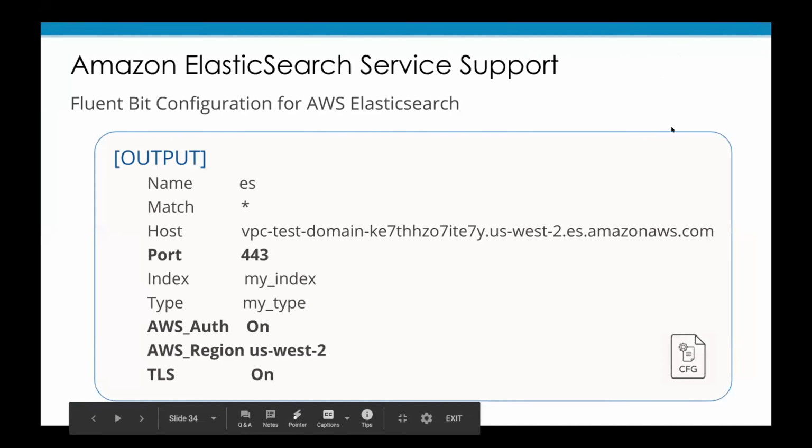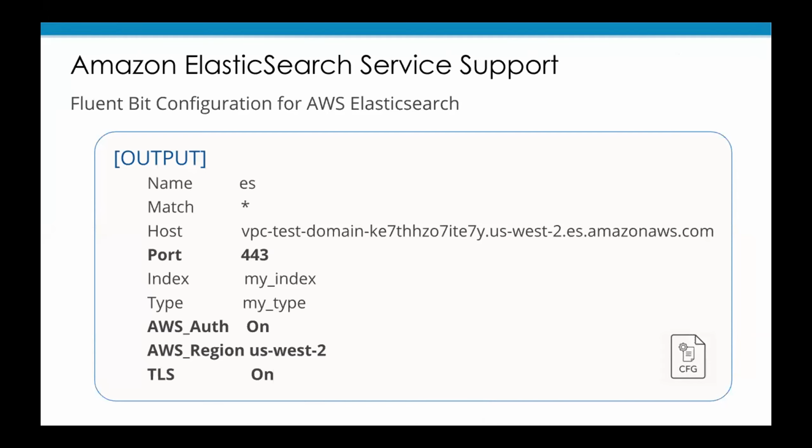The first thing that we did with that is we enabled Amazon Elasticsearch service support. There was already, of course, a Fluent Bit plugin for the Elasticsearch project, but it did not support the Amazon hosted version of Elasticsearch because that version uses AWS authentication. So with this new library, you can enable AWS authentication.